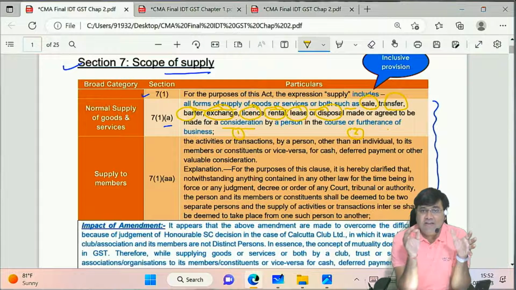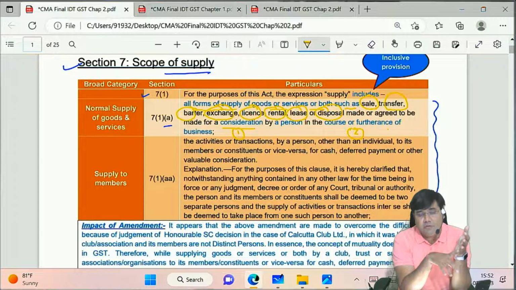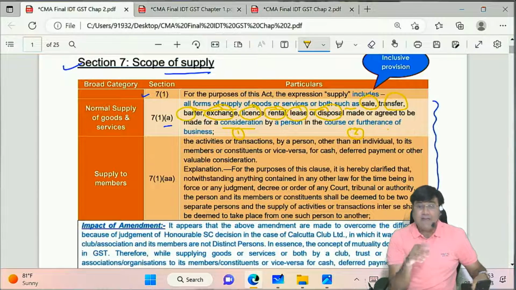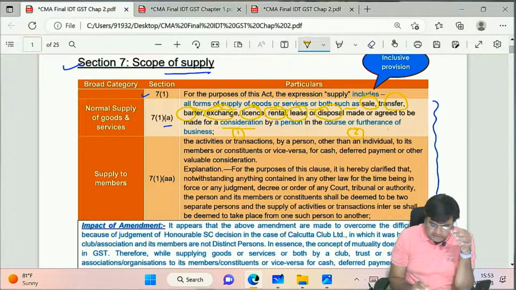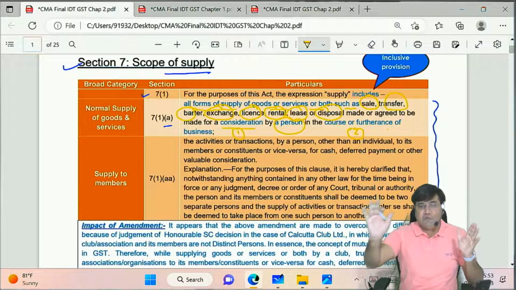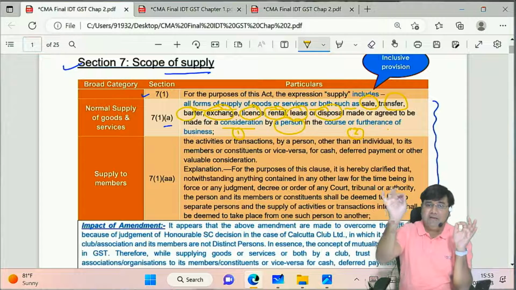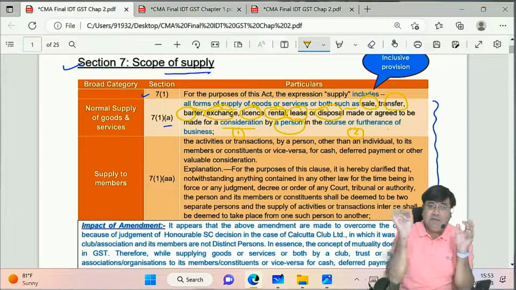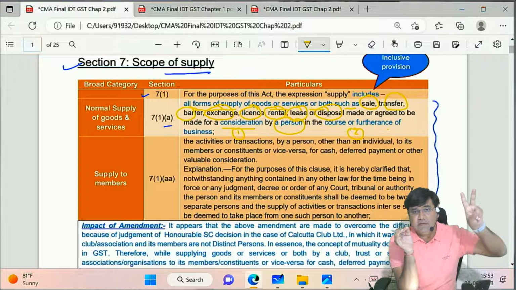So out of these 8, if any particular transaction is, let's say, sell, then goods or services or both. So the transaction involves goods or services or both, and the transaction is sell, then you are going to see whether consideration is there, because normally such a transaction is going to be done by a person only, so that's okay. So then after checking whether goods or services or both is there and whether it is sell, transfer, barter, exchange, etc., we are going to see whether 2 conditions are satisfied or not. What are those 2 conditions?